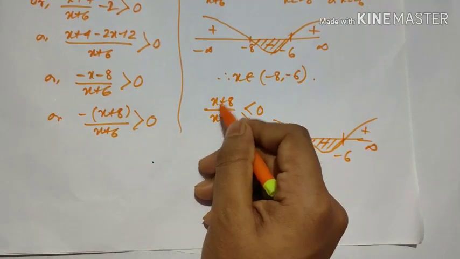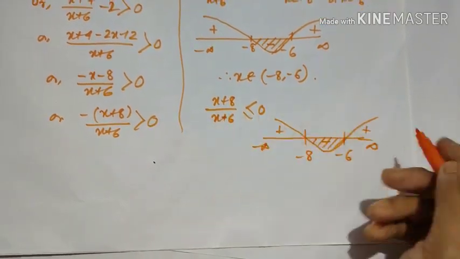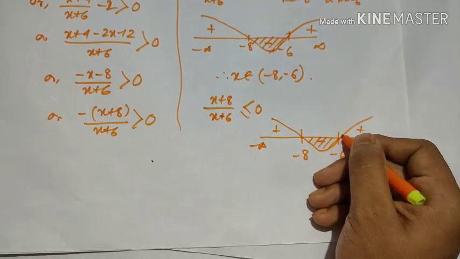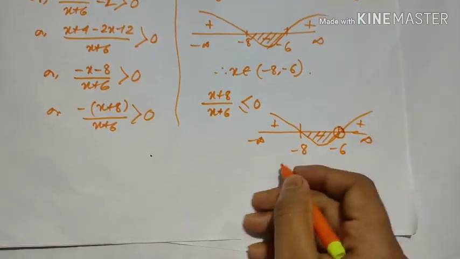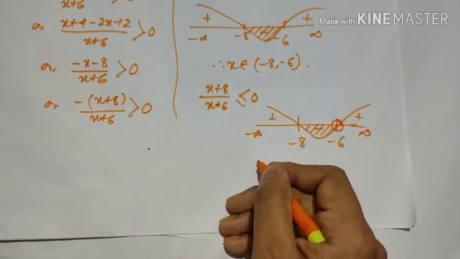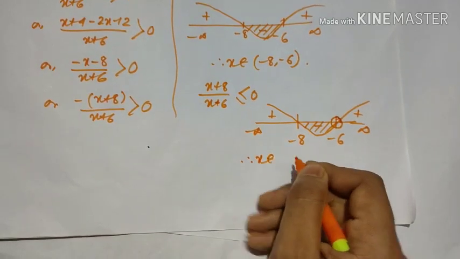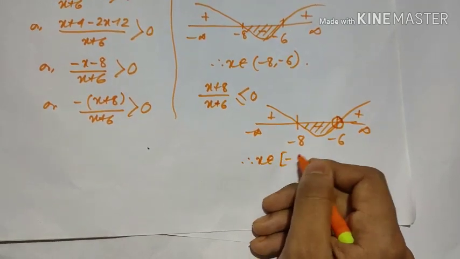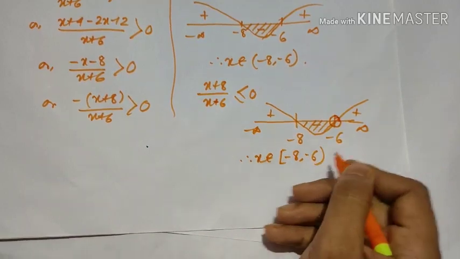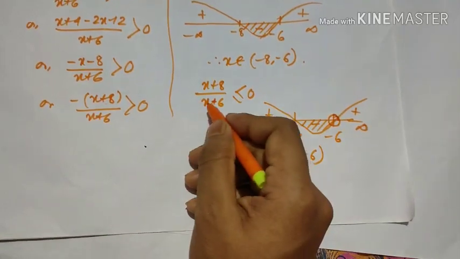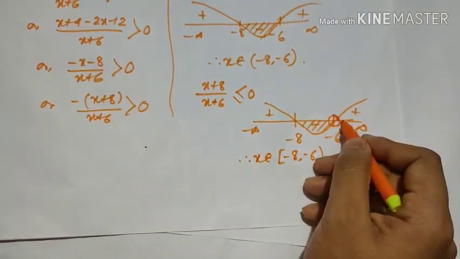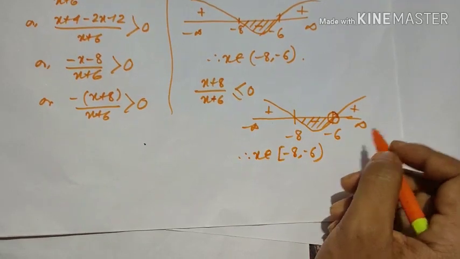If it is 0, we will get an undefined function, so the point -6 isn't included. Therefore x belongs to -8 to -6, and -6 cannot be included.